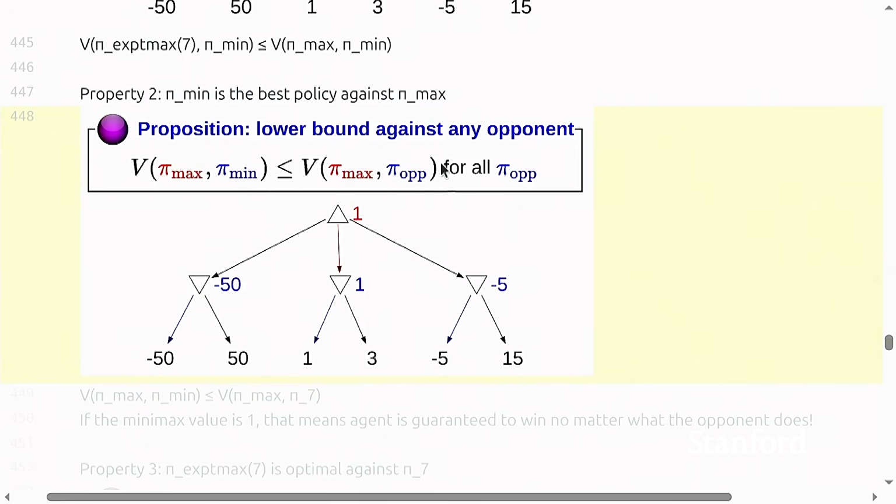If the opponent does something else, I can only get better. Meaning here, I'm guaranteed a 1. If the opponent does something different, like if the opponent happens to do a 15, then opponent choosing 15 isn't going to decrease this 1, and it might make it go up because if the opponent chooses 3 here, then I get a 3 here.